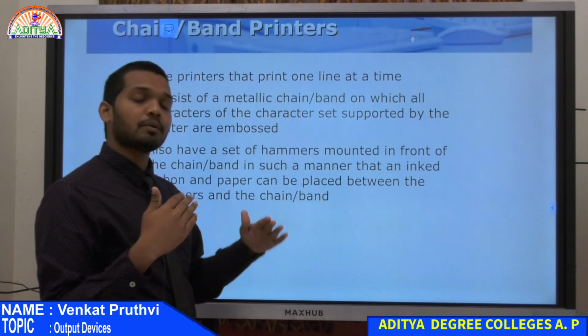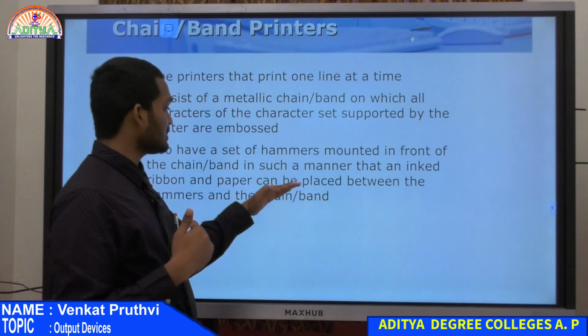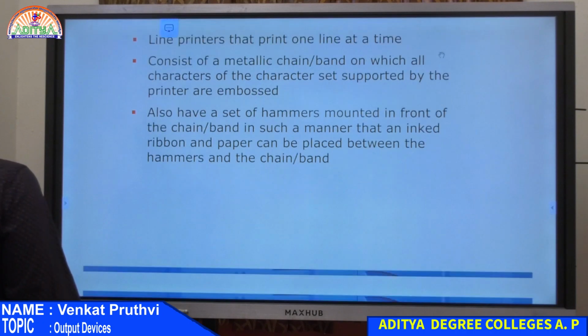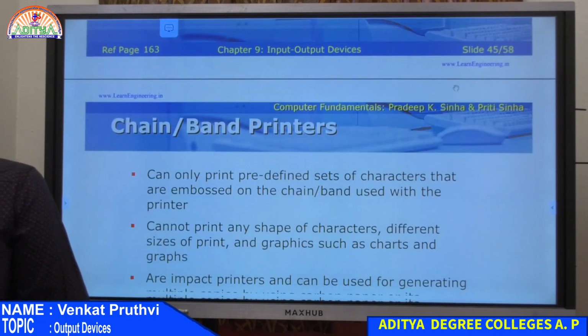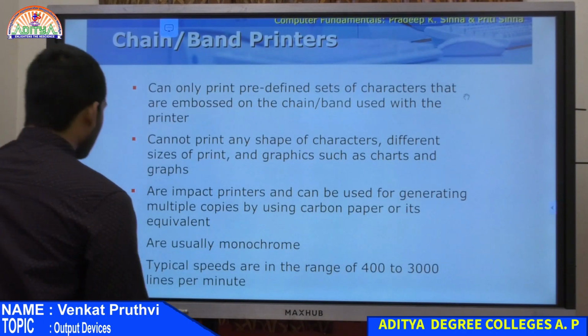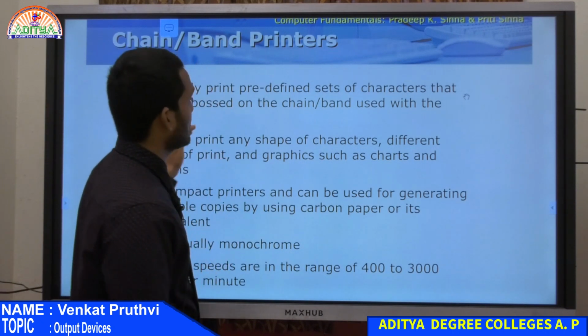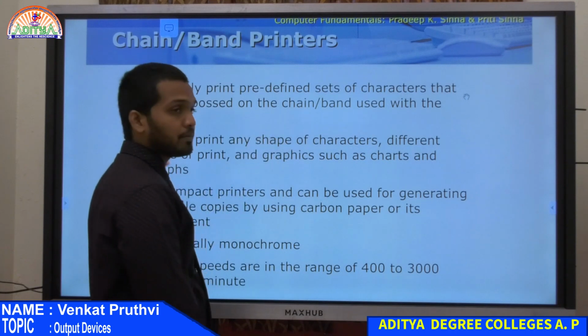It also has an inked ribbon and a hammer, and a paper is placed between the hammers and the chain band. That is how it prints the output for us on the paper. Then the chain band printers can only print a predefined set of characters that are embossed on the chain band used with the printer.